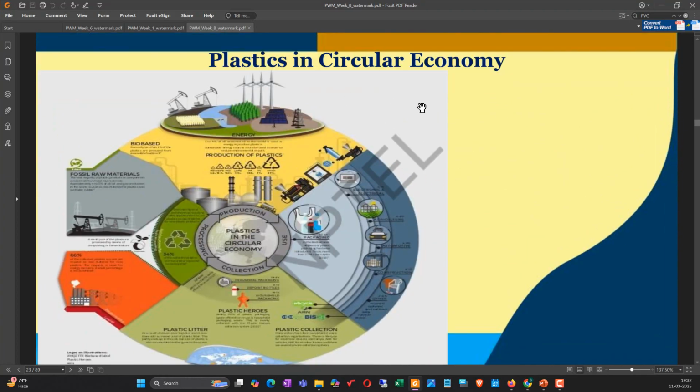And the last slide was again on plastic in the circular economy, where the use and collection were mostly a similar thing. You are looking at the environment, the energy, the social impacts, and then taking care of the overall economy and sustainability, right?